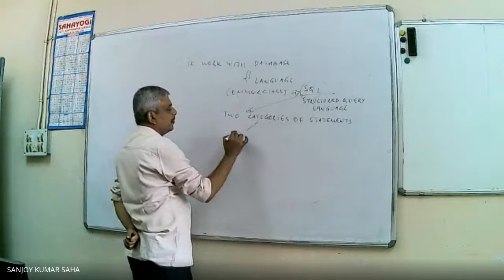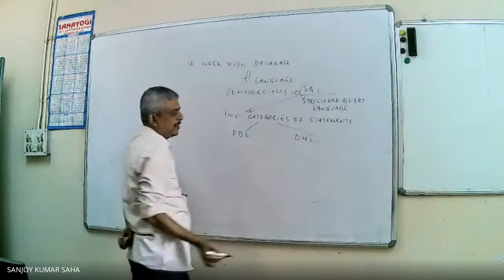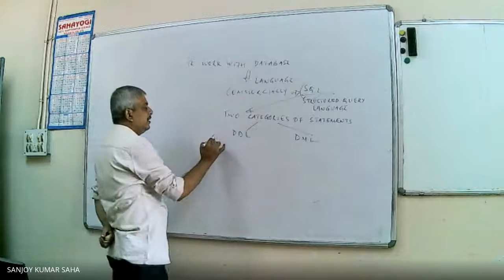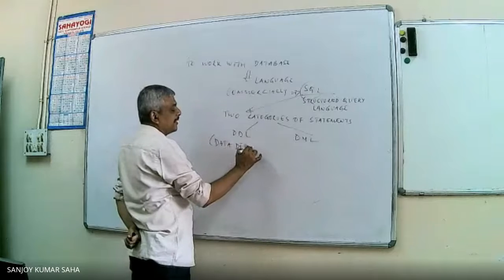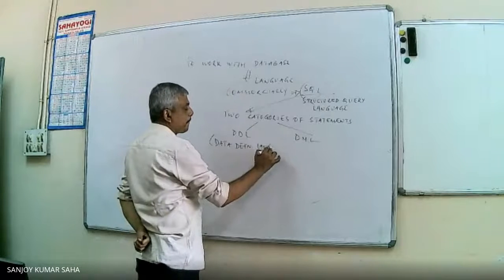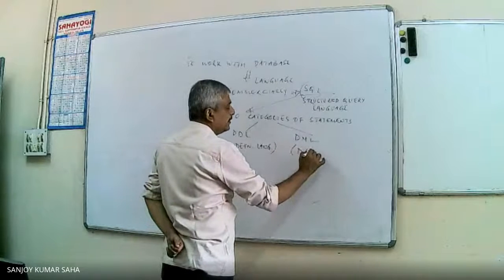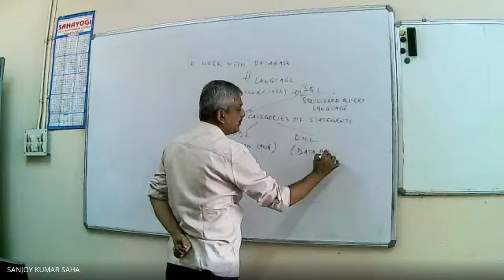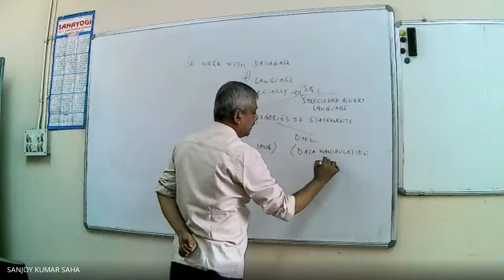One is the DDL, another is the DML category. So this part we refer to as data definition language. This is the data manipulation language.